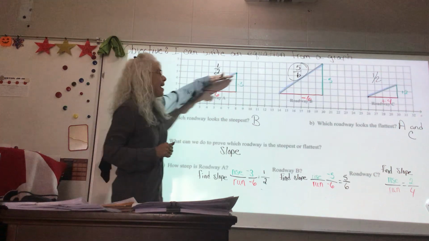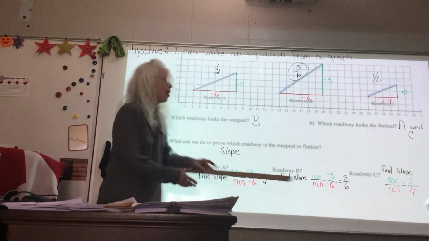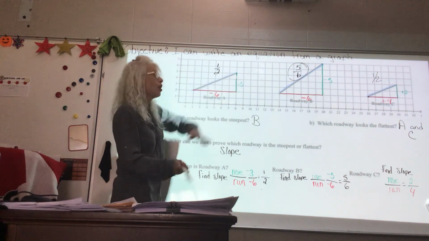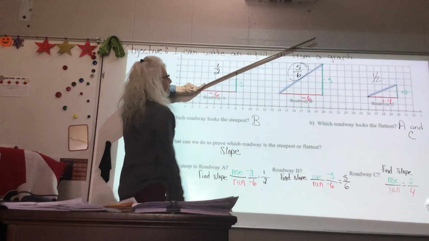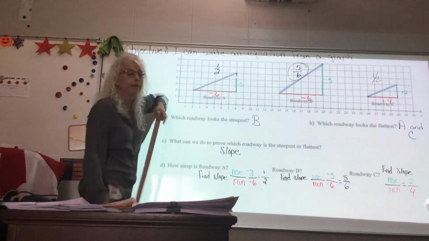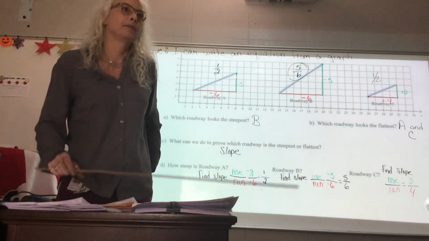Yeah, isn't road A just a longer road? Yes. So it's slanted the same amount, it's tilted or slanted the same amount, it's just longer. So if I make the road even longer, isn't it still slanted this amount? So very, very good. Yeah, C just looks flatter because it's a shorter road.